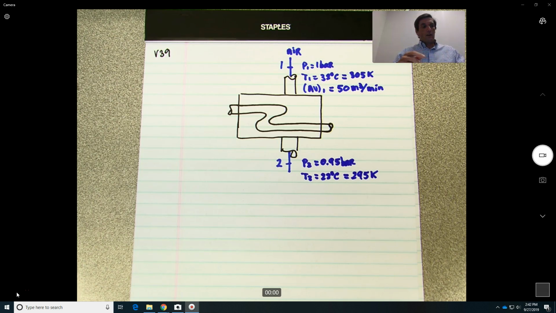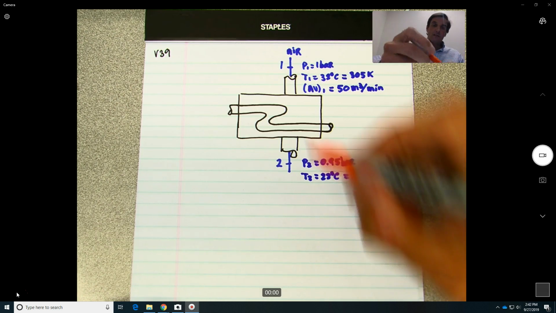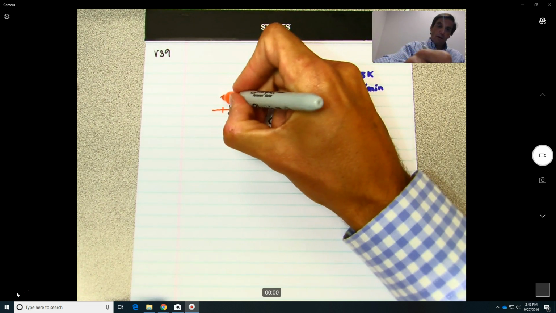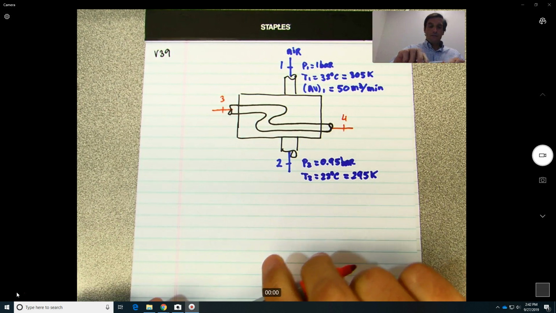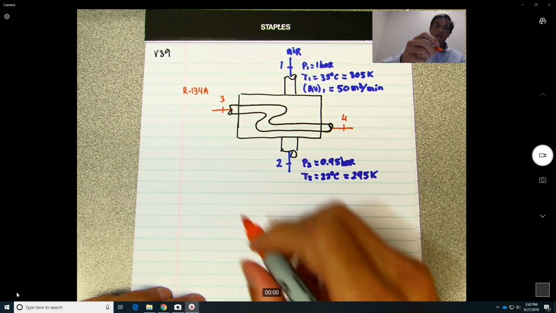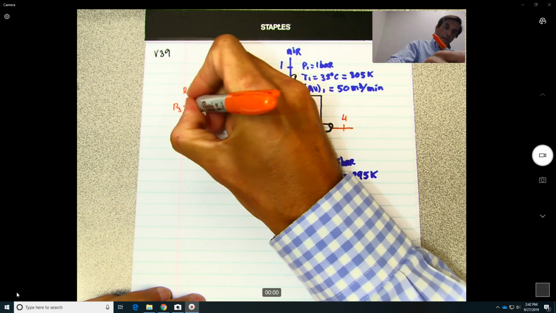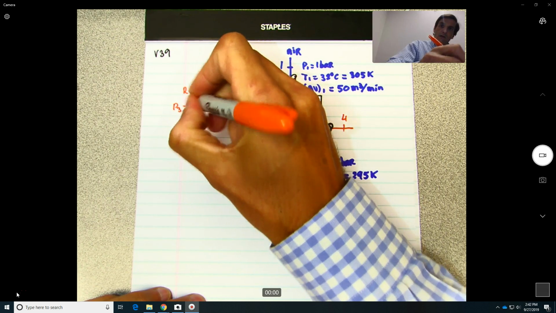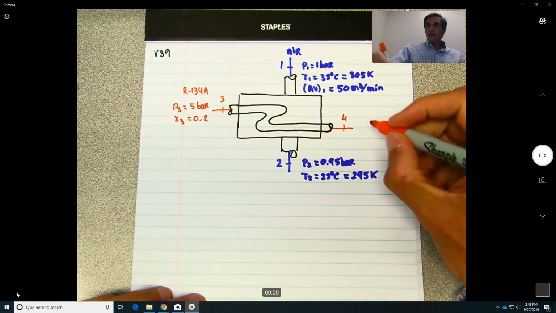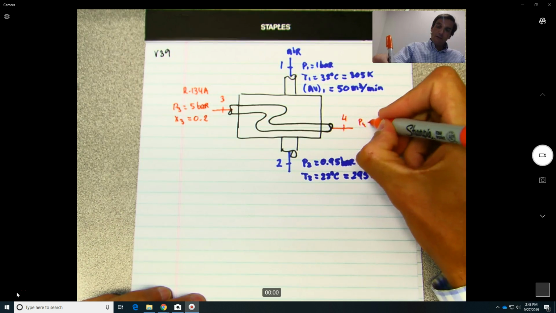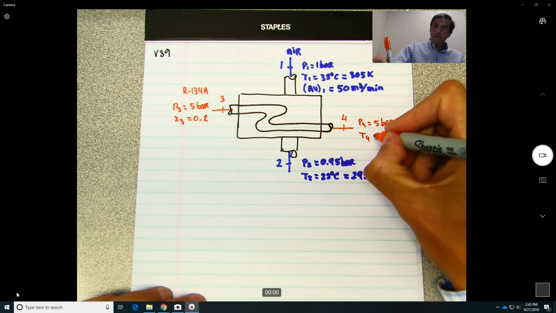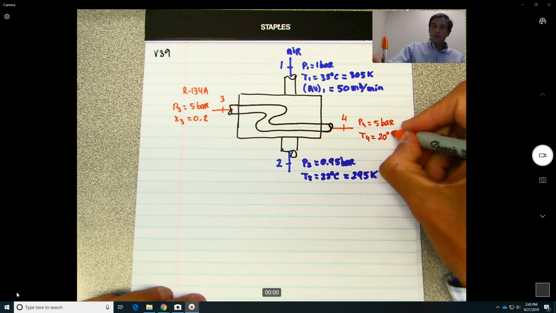Okay. On the other side, we have refrigerant, which is coming in at 3 and 4. So this will be refrigerant 134A. So coming in at a pressure of 5 bars with a quality of 0.2, which is 20%, exiting at the same pressure, but at a temperature of 20 degrees Celsius.